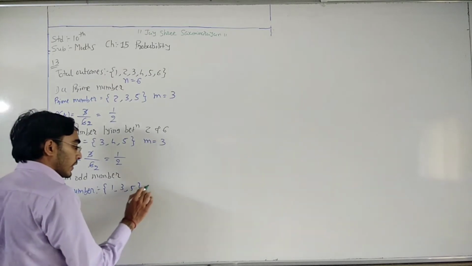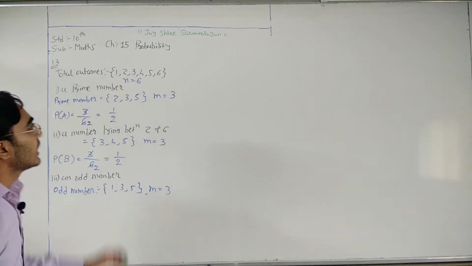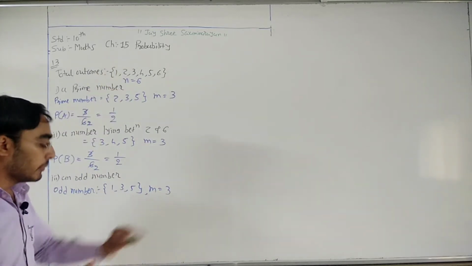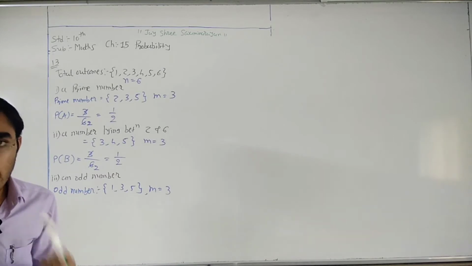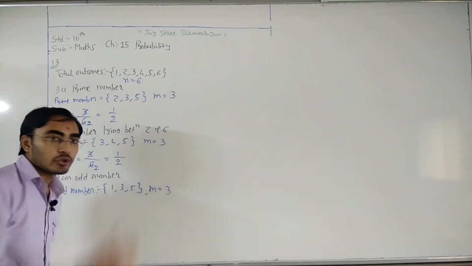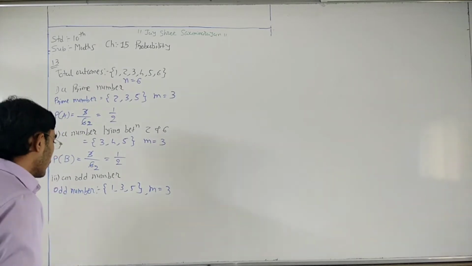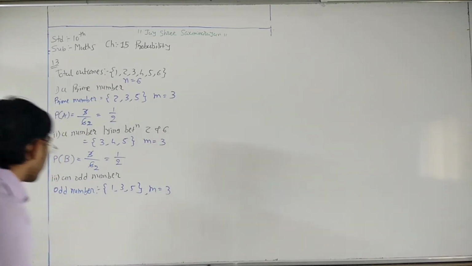So again our favorable outcomes is equal to 3. Okay, we need to count how many odd numbers are there. So 3 odd numbers are there, so m is equal to 3.